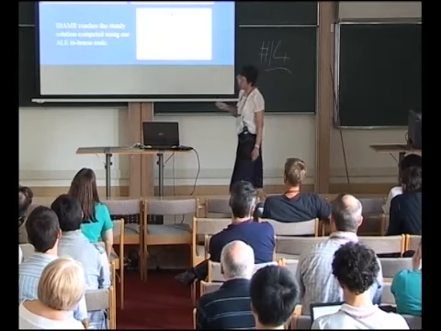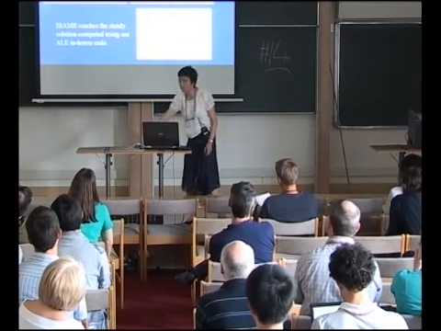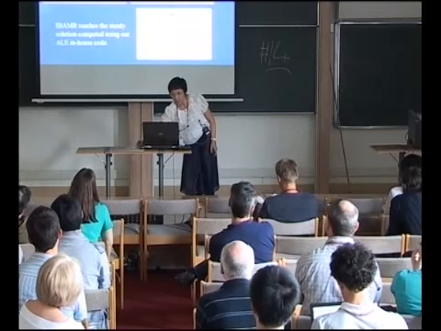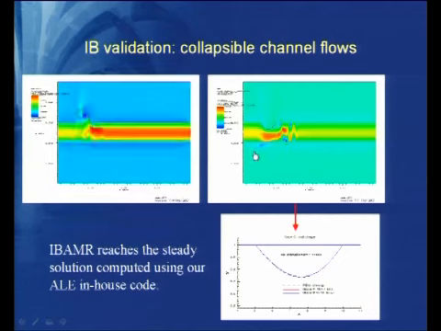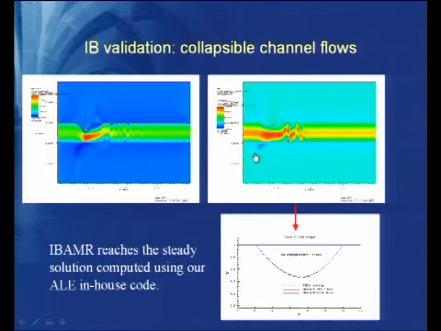The validation we did is with classical tube and channel flows, where we have a lot of experience and results. This is a 2D channel with one section of elastic wall, placed in a fluid box with external pressure and incoming parabolic flow rate. We compared the results with our in-house code.